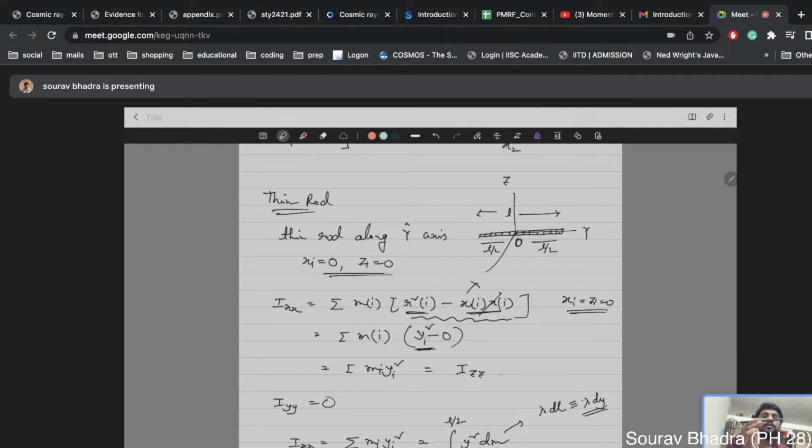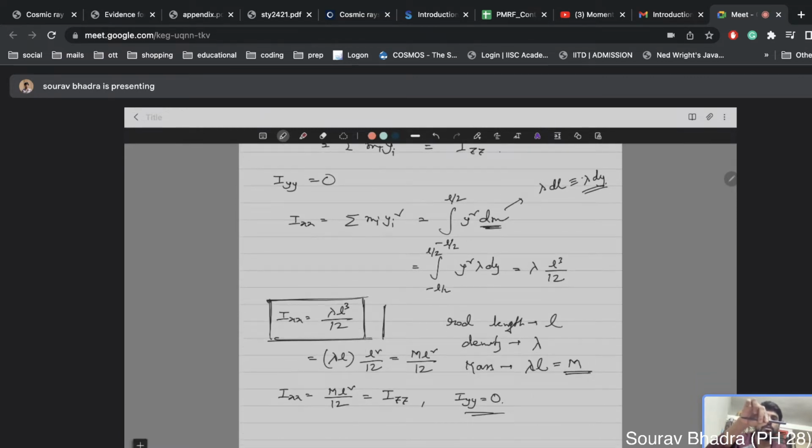Similarly, if the rod rotates about the vector coming towards me, say that is x, so it is rotating like this, then we also get an inertia of m L square by 12. So this rotation and this rotation both have the same moment of inertia for a symmetrical body.